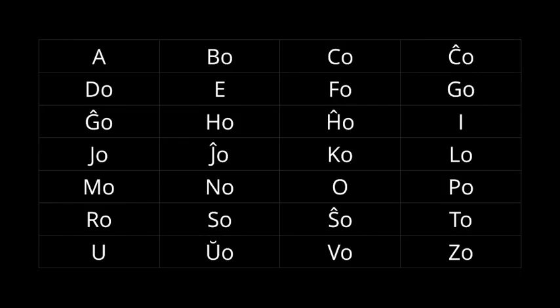The names of the vowels are simply their own sounds. The names of the consonants are the consonants followed by the letter O. In a future video, you'll see why O was the right choice for this. But let's recite the alphabet.